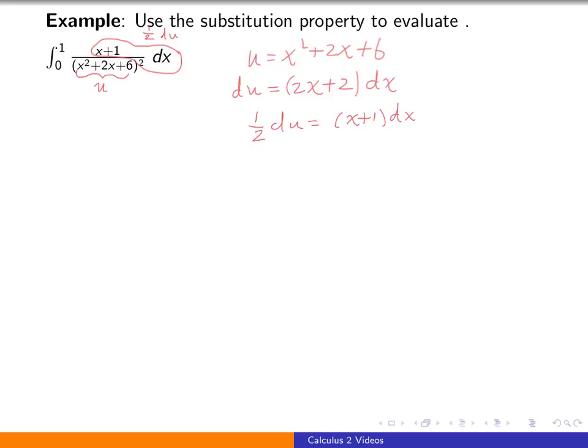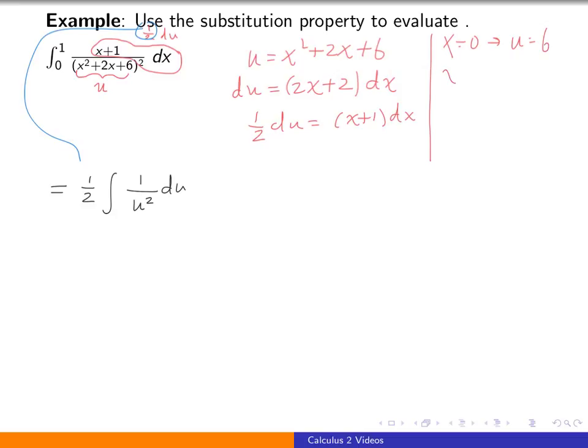So we can now get our integrand solely in terms of u's, which is our goal. You have 1/2, which is a constant that pulls out front, multiplied by the integral of 1 over u squared du. But we do need to switch our limits of integration. In terms of our lower limit, when x is 0, u is equal to 0 squared plus 2 times 0 plus 6.